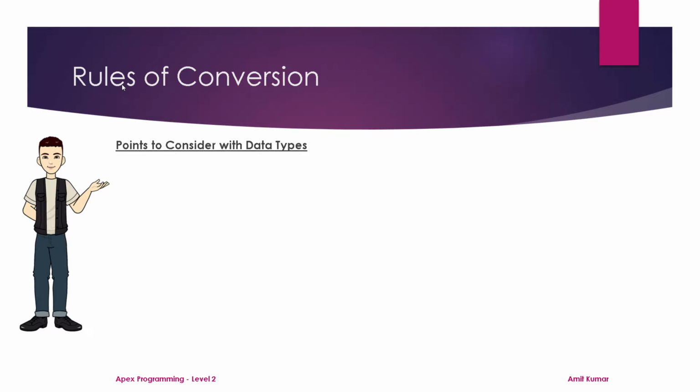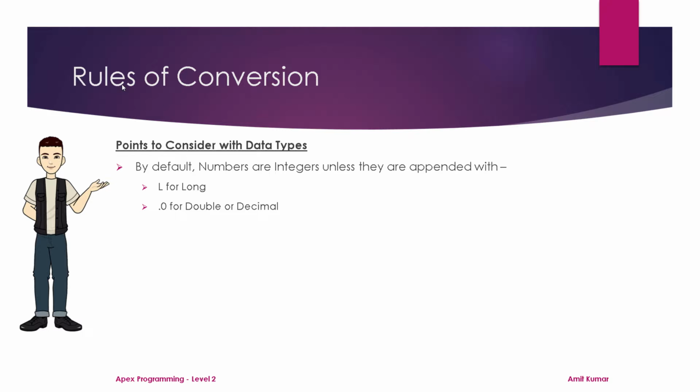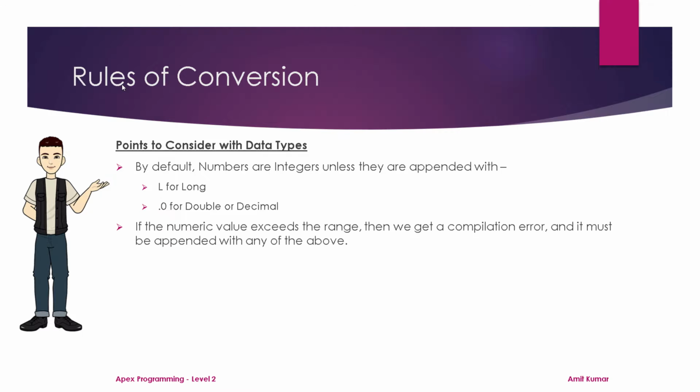Now the following points are to be considered with the data types. By default, numbers are integers, so all the number literals are by default integers unless they are appended with an L for long, or a .0 or any other number after the dot for double or decimal. If the numeric value exceeds the range, then we get a compilation error, and it must be appended with one of the above.